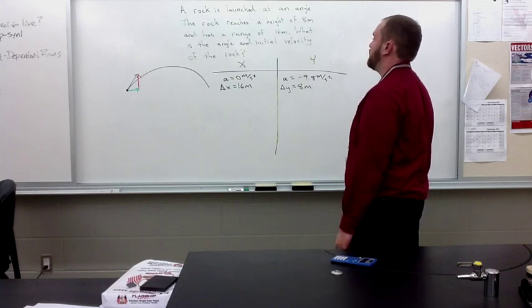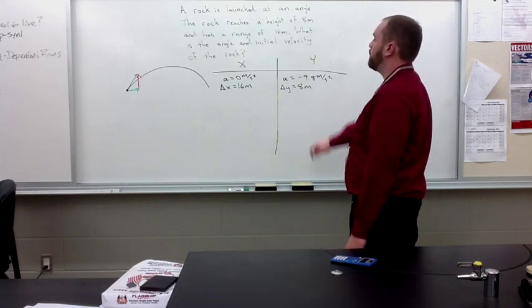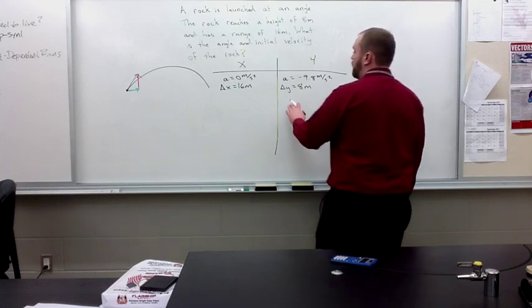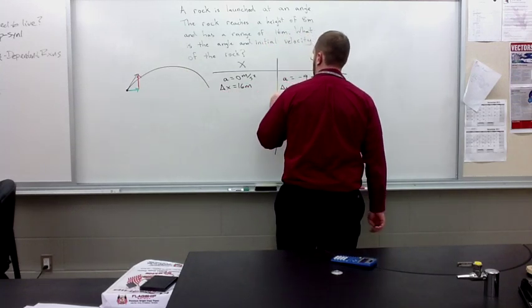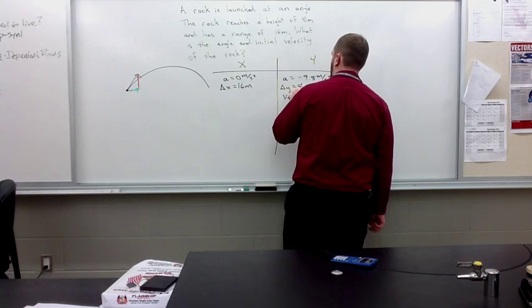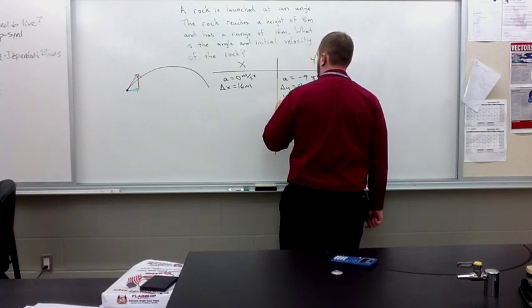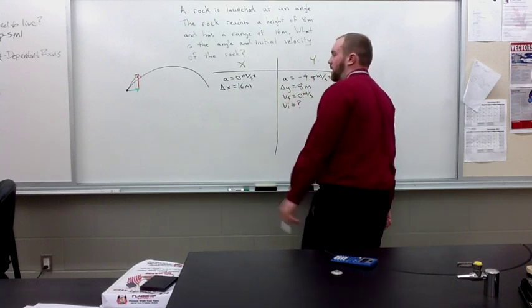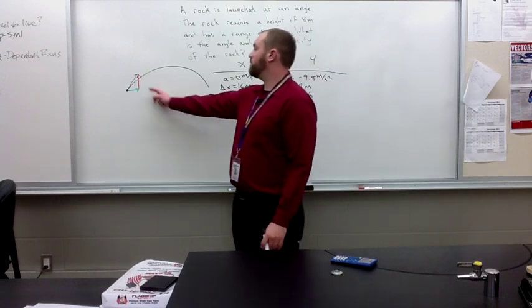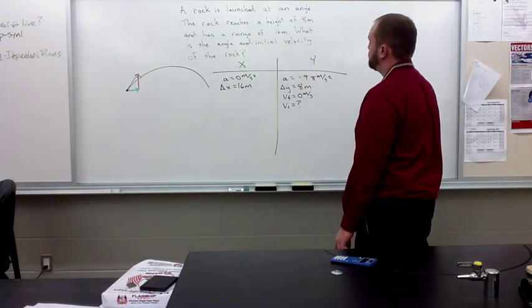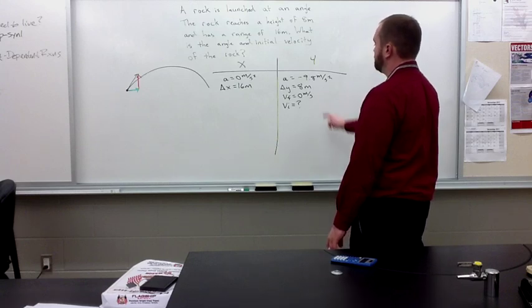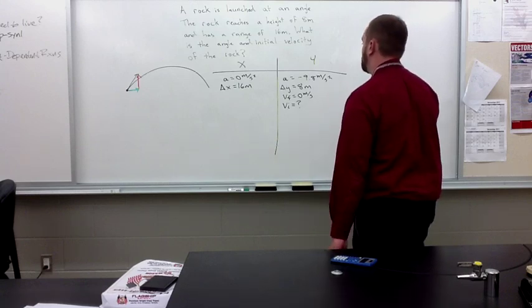Let's keep working in the y direction for now. We know that at the top of its arc, its velocity is going to be 0. And we know we're looking for this initial velocity. That's going to be the red vector over here that we're looking for. So what we want to do is find an equation that we can solve using these things.